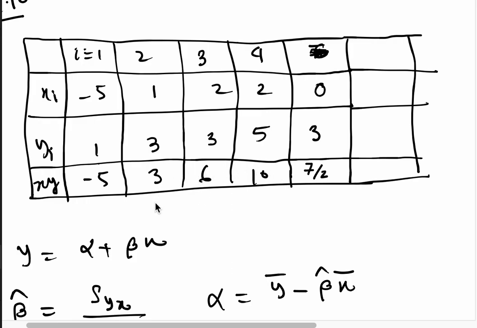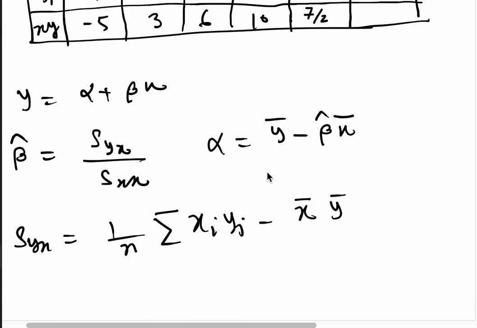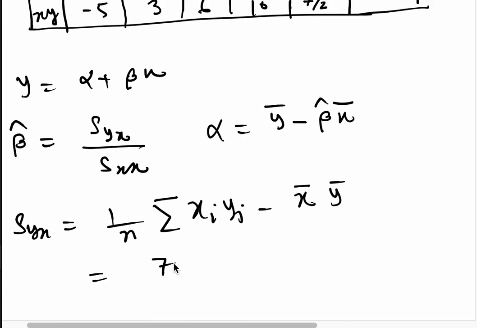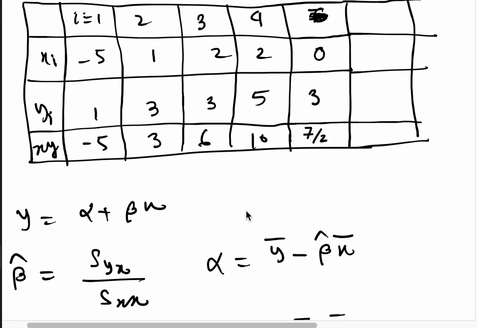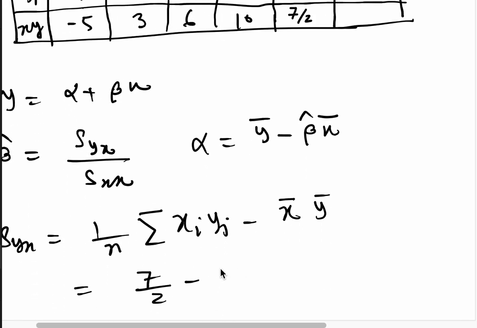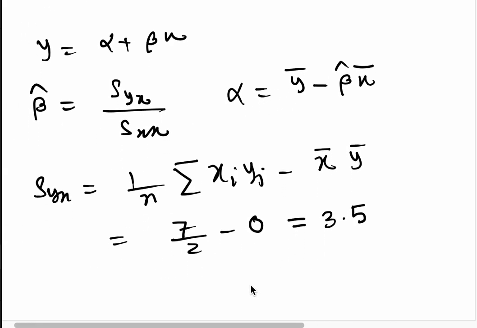So this is 7 by 2 minus 0, so this is 3.5.